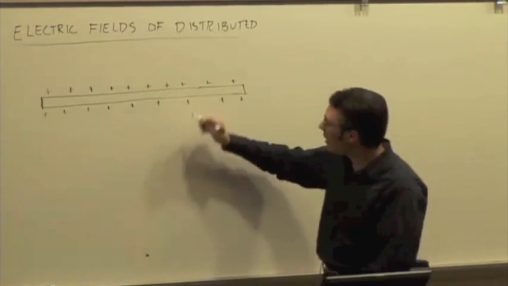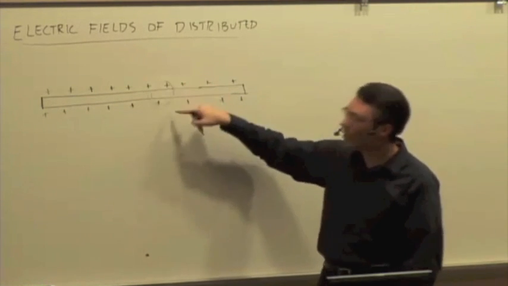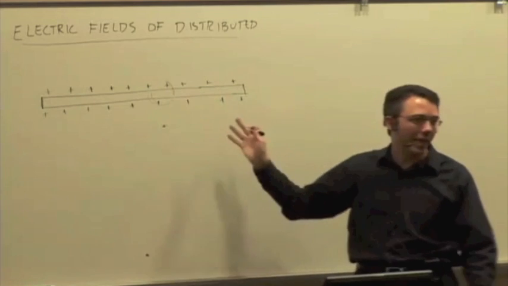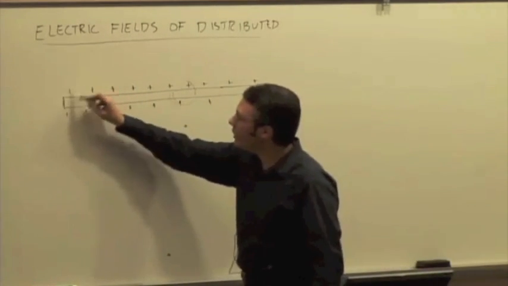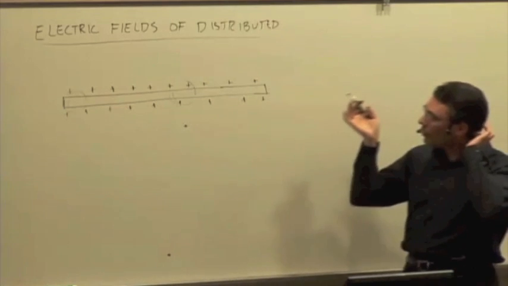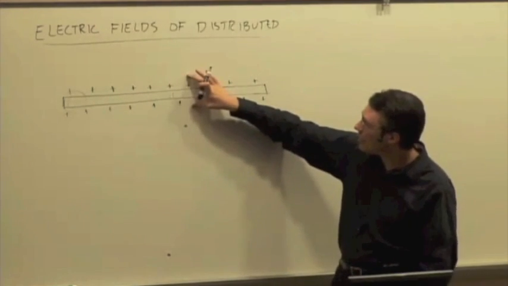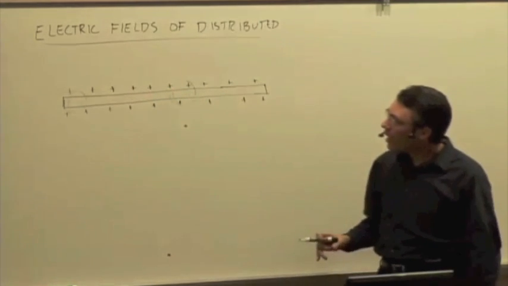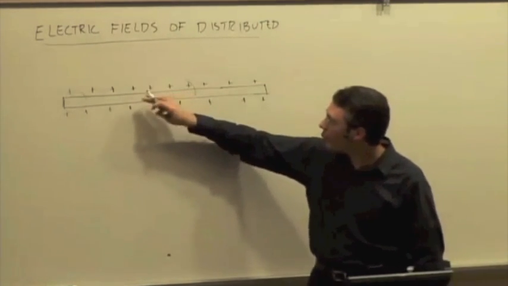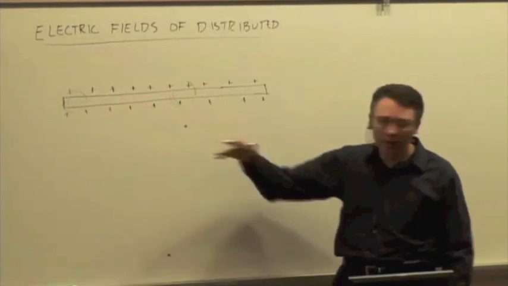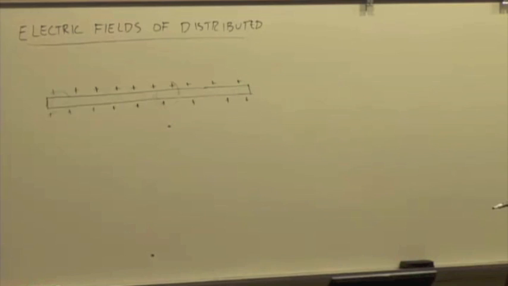Okay, so you're saying that clearly, because let's say this part of it is closer to our observation location, that's going to have a bigger effect than somewhere over here. Okay, so one approximation might be, we can just kind of treat this part as having a bigger effect than this part. And that's certainly true. And of course, the farther away you get, the bigger that R is going to be, and so the smaller the field would be due to those individual charges, right?